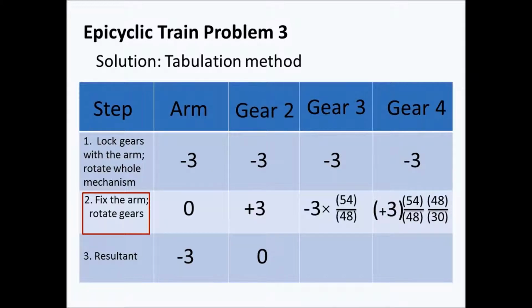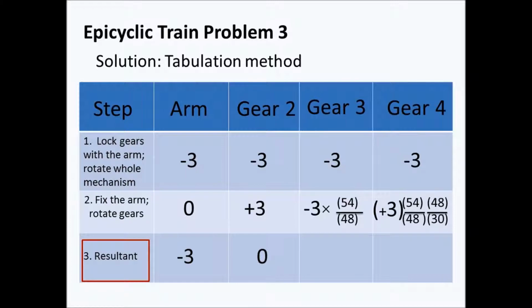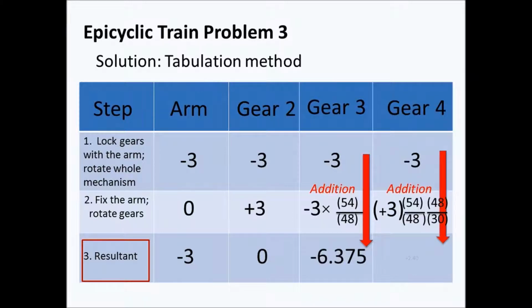As our third step, we can add the values for each column and obtain the solutions. We now have the number of rotation of gear 3 and the number of rotation of gear 4.